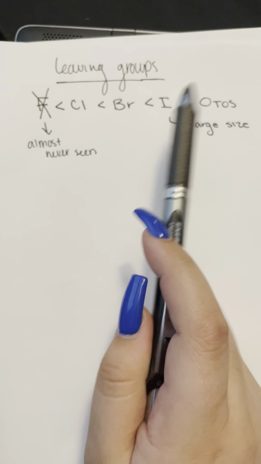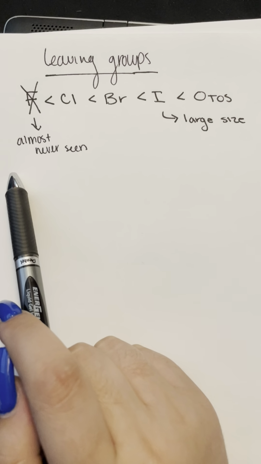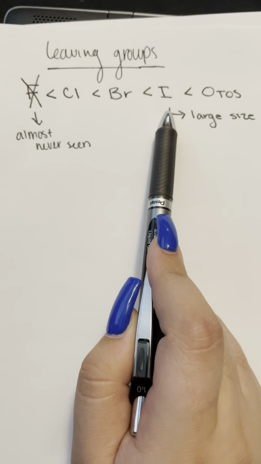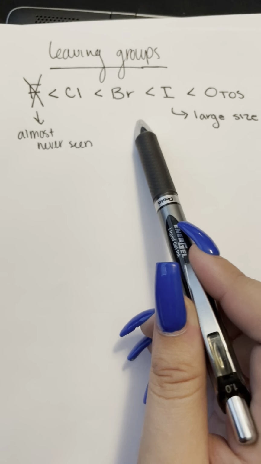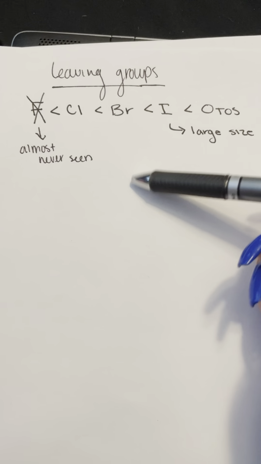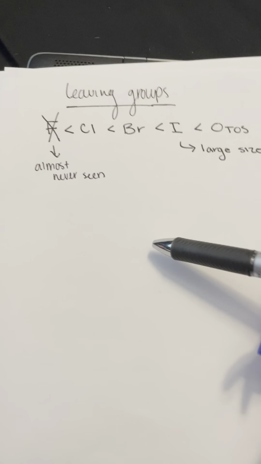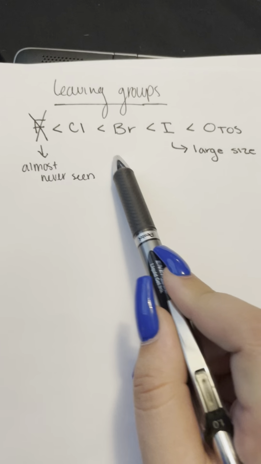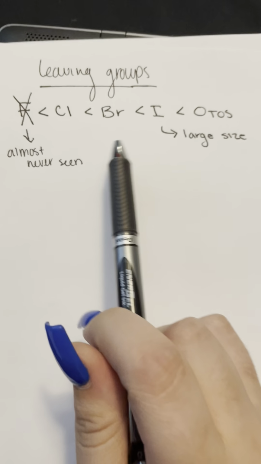That's because of its size. As you can see in the periodic table, as you go down the periodic table, the size increases between these leaving groups.